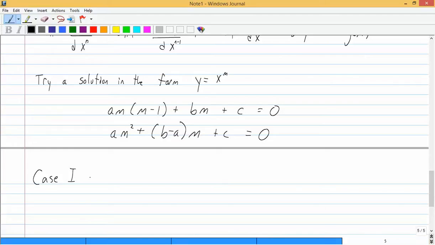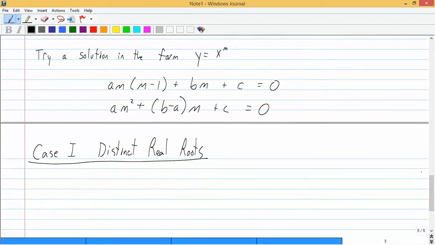Case 1 is if we have distinct real roots. So if we have distinct real roots, we have two distinct real roots, right? That's the s, it's plural. So we have two, usually we only have two because we're dealing with second order differential equations. So that means that we will have a m sub 1 and an m sub 2 that are real roots.